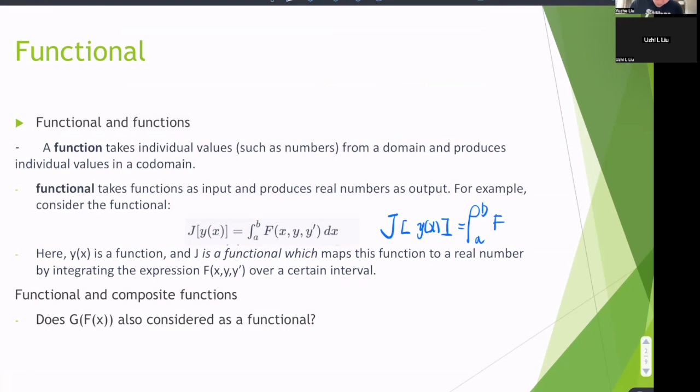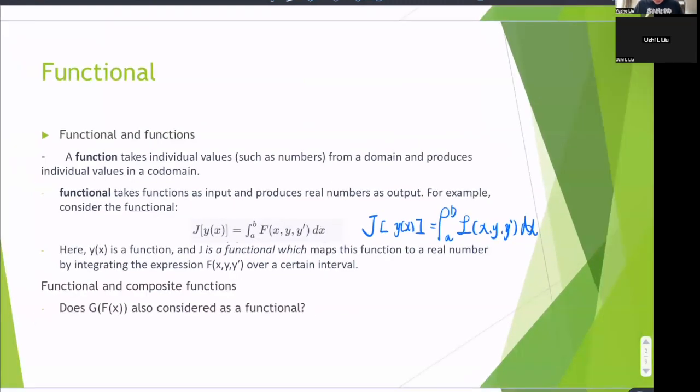We usually write this with L since we're setting up the Lagrangian. As we can see here, y of x is a function, and J is a functional which maps the function to a real number by integrating L, the big L, over a certain interval.